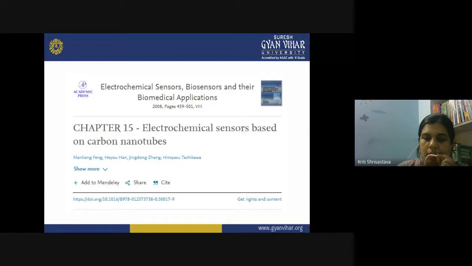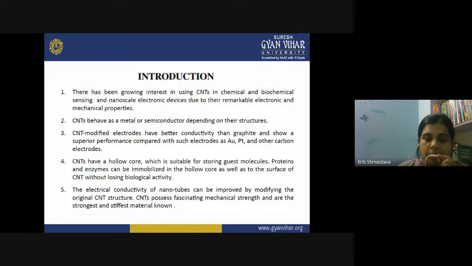All the content of this lecture has been taken from the book chapter Electrochemical Sensors Based on Carbon Nanotubes. So let us proceed with our topic, how we can modify electrodes using carbon nanotubes.